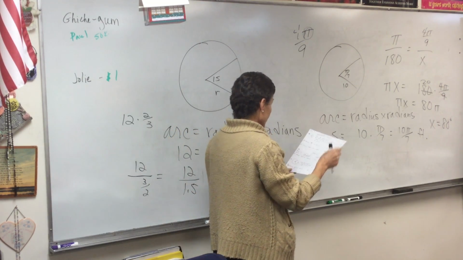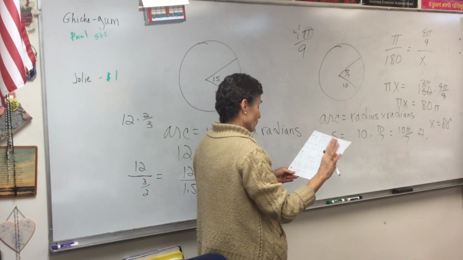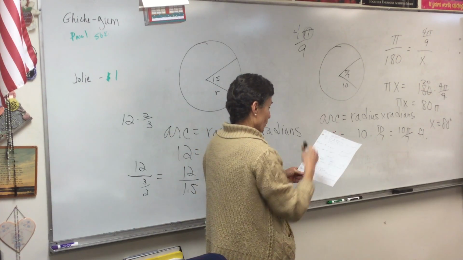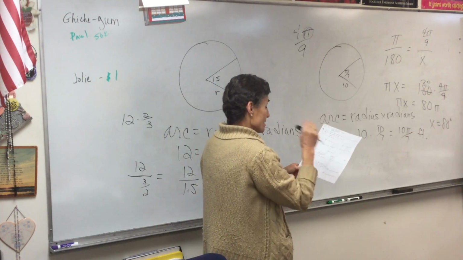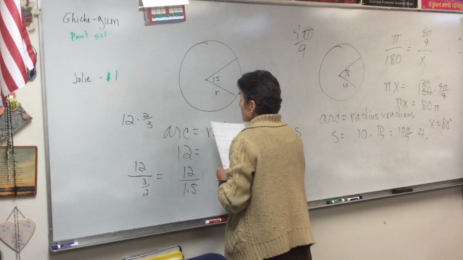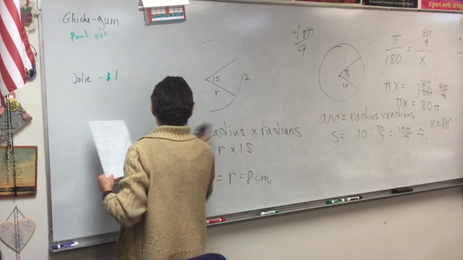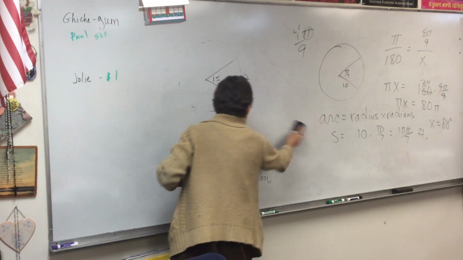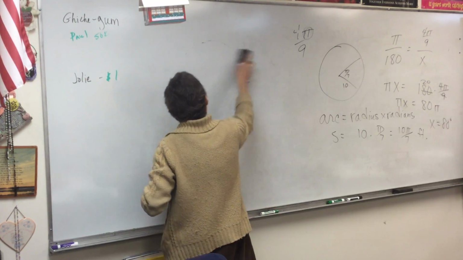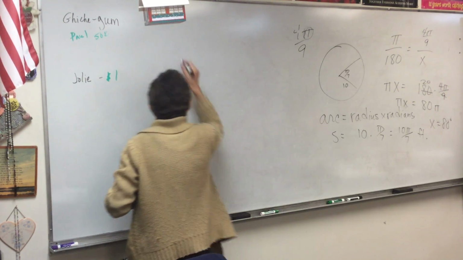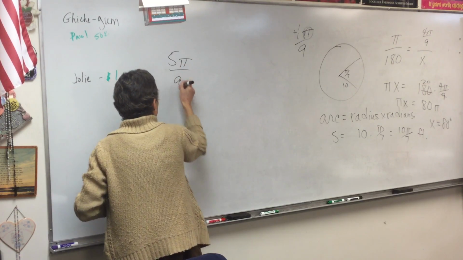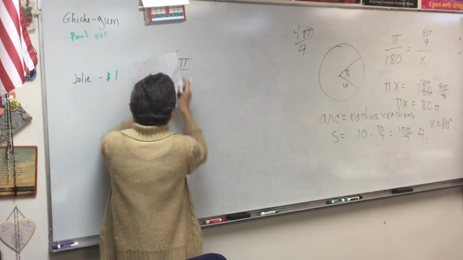All right, so let's go down. Let's look at number 3 at the bottom. I'm going down to the quiz at the bottom now. Number 3 is exactly the same problem, except it's 5 pi over 9. So we could set up our proportion, or we could shortcut that and say, well, wait a minute.